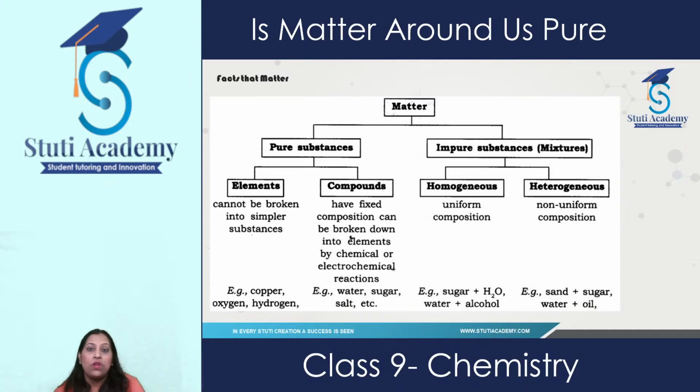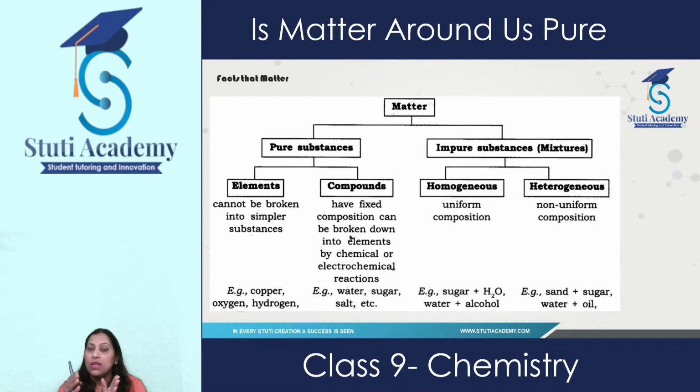If you look around yourself, there are so many things which you are consuming on a daily basis. For instance, you drink milk, you eat food, sugar, flour, everything. Sometimes the question comes to our mind whether they are pure or impure. So how can we classify those substances as pure and impure?